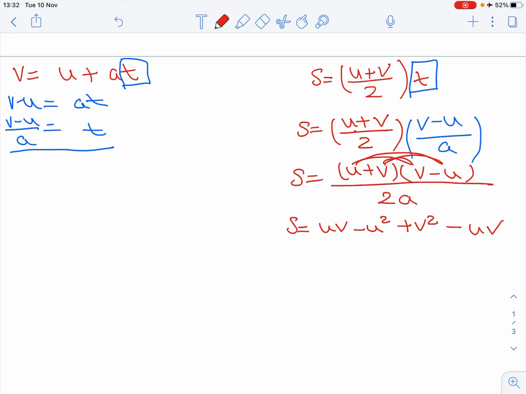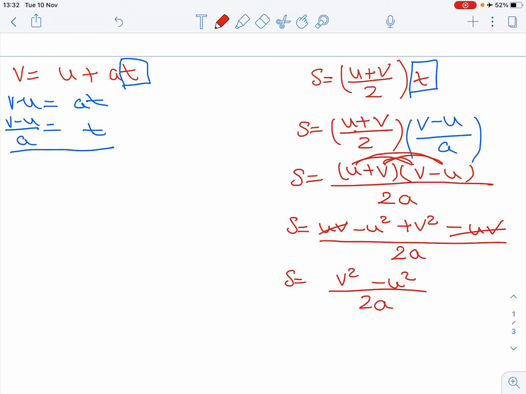Remember, we always write our letters in alphabetical order. So we have divided by 2a. So simplify our equation. uv minus uv, they cancel out. So we're left with v squared minus u squared over 2a.